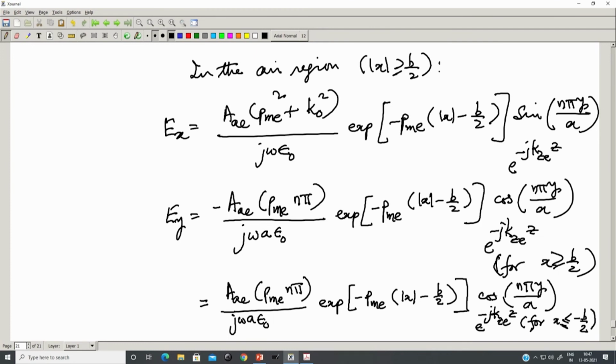So, the fields change in the two air regions, region 1 and region 3.